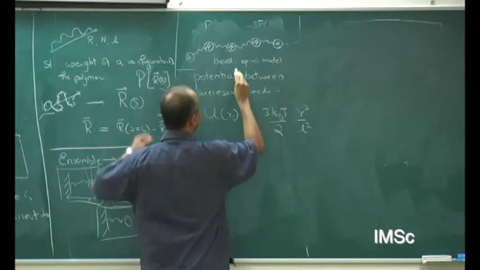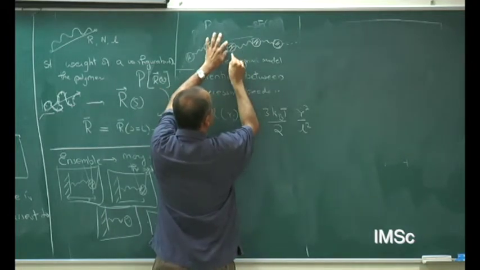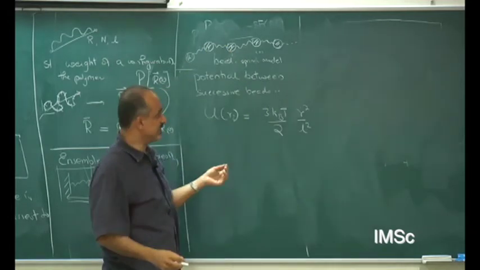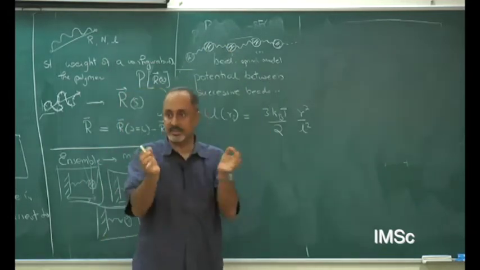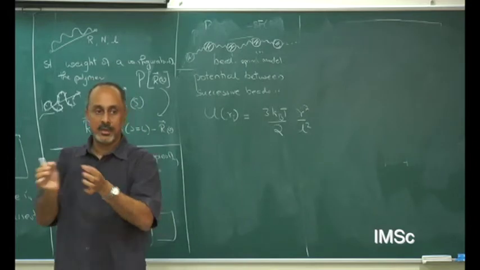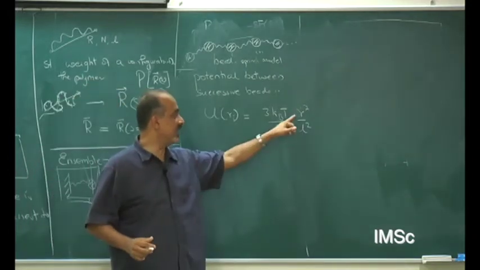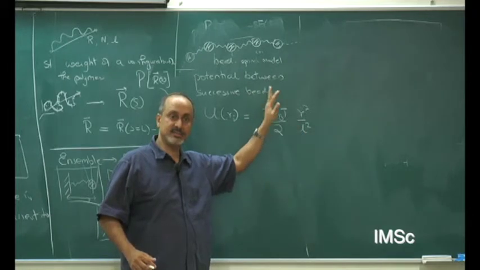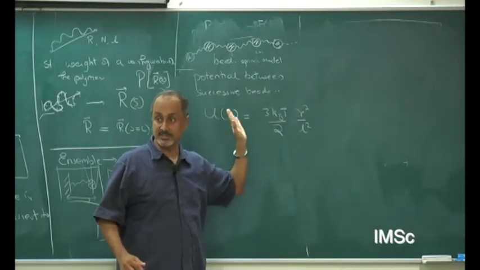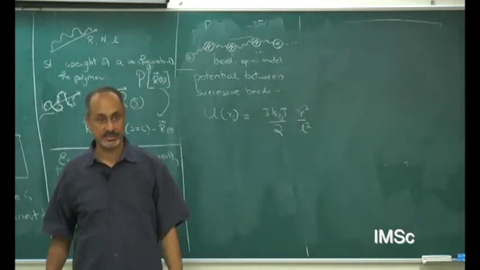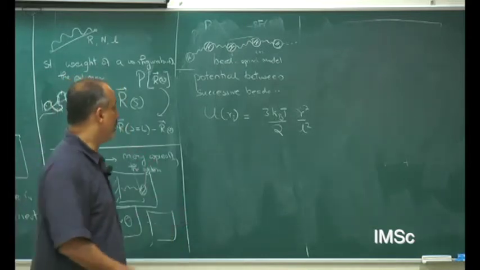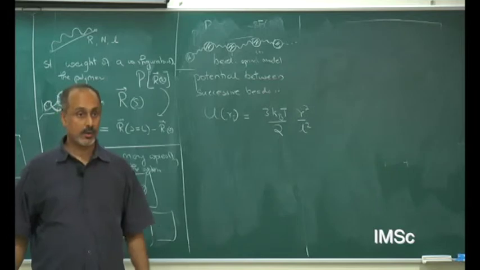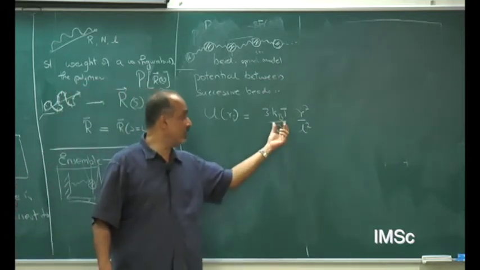So this is the distance Ri, say between bead i and i plus 1. This is like a spring that says the minimum energy of the spring is when it's completely contracted to 0. If I pull it out to a distance r, it has an energy that increases quadratically with that r. This is just my imagination of what a potential is between two successive beads. So it's a spring with equilibrium length 0, where the value of this at r equal to 0 is just 0.